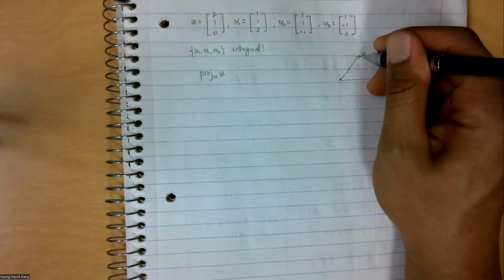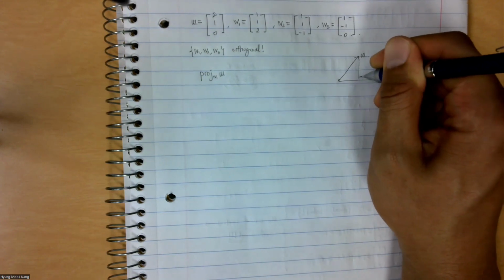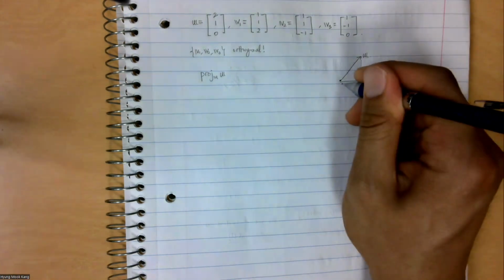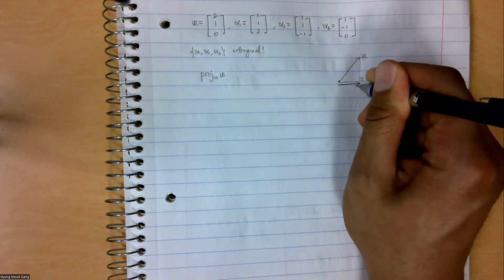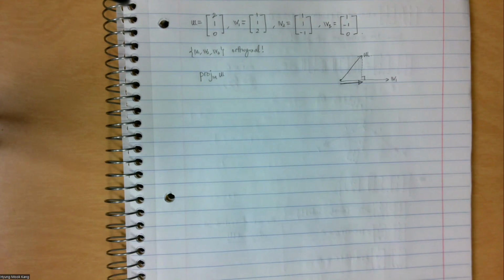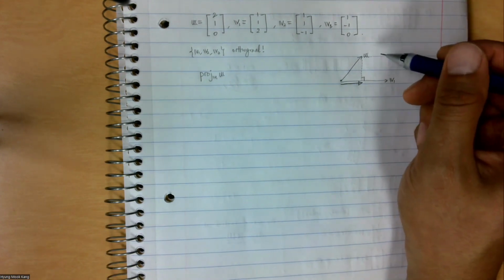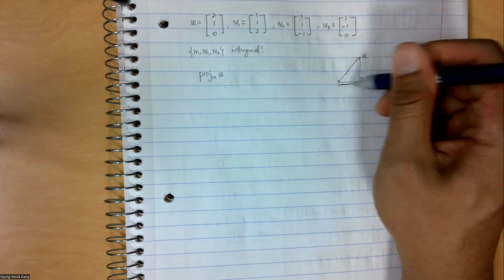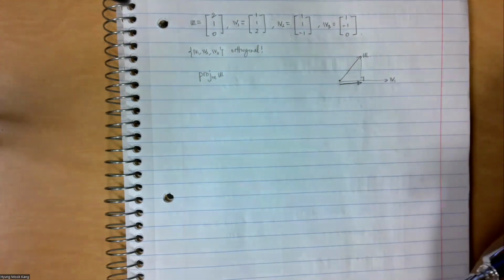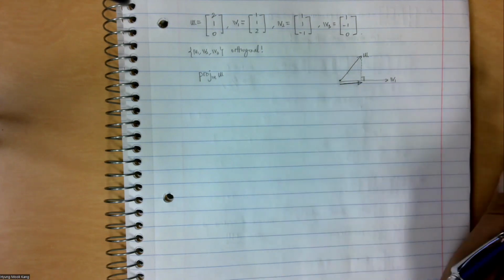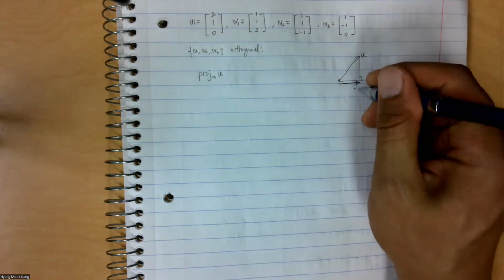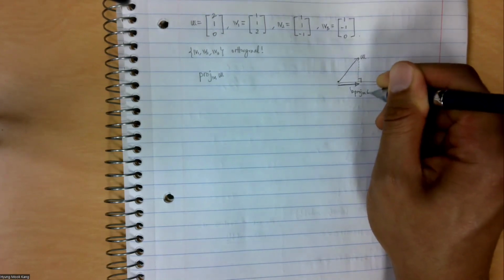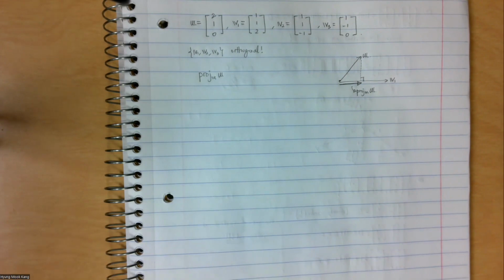We want to put a perpendicular line to V1 and make this new vector here. Literally we want to project U onto V1 and make a new vector pointing parallel to V1 in this way. So this vector is our project sub V1 of U, like this.